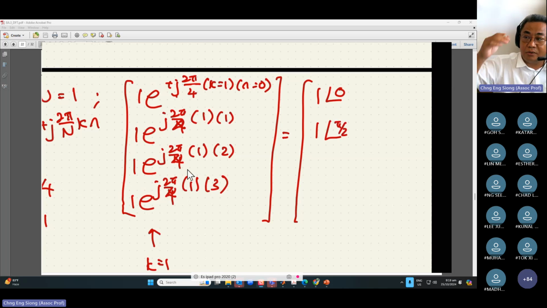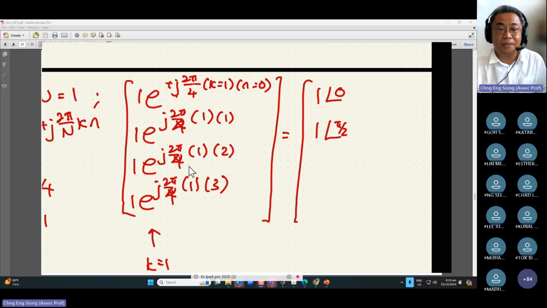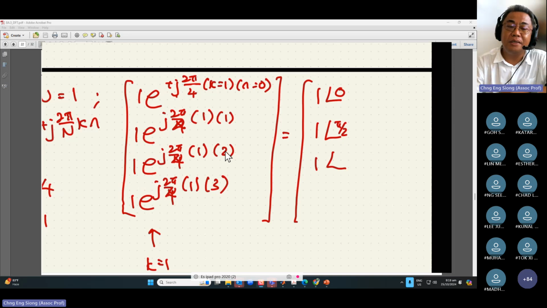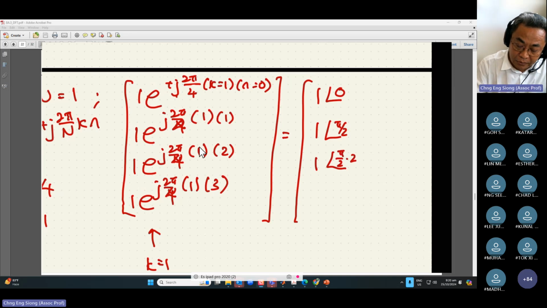This is the interesting bit, guys. From here to here, I am moving by π/2. From here to the next one, I am moving by π/2 because I'm increasing by 1 step. Depending on how you want to write it, you can write it this way, and then you are very sure what you are thinking about.